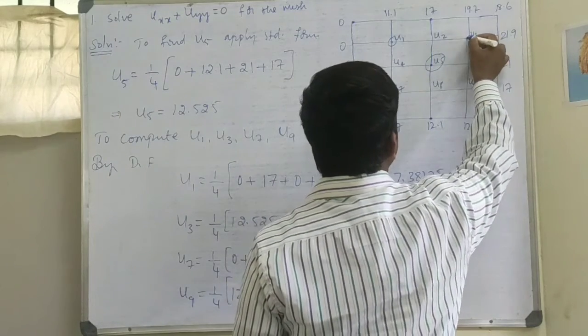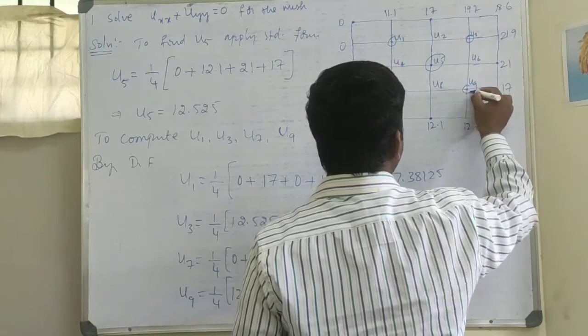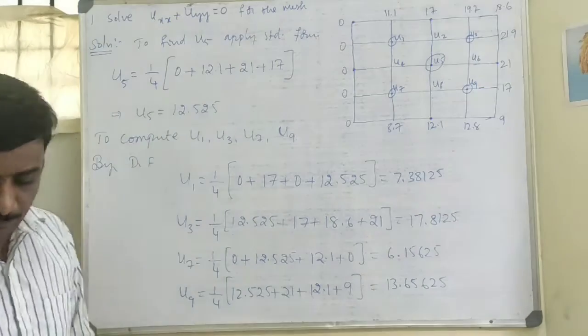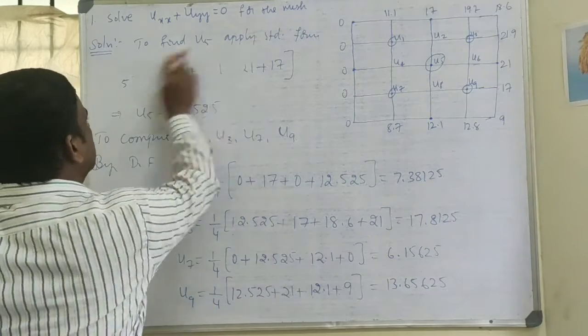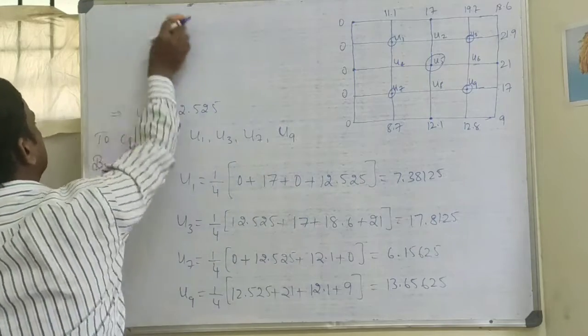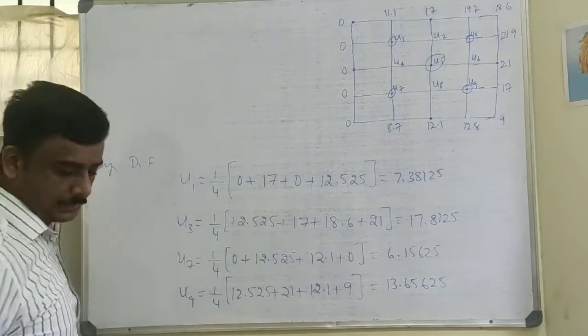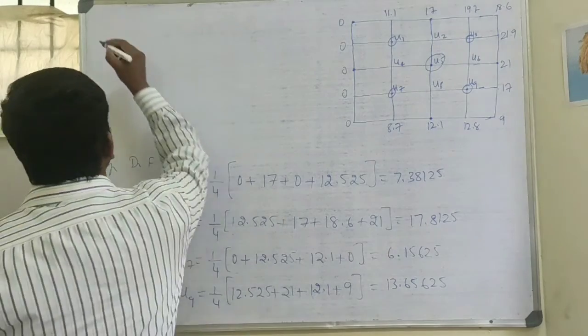Now to compute the remaining values, we have to apply the standard formula to compute u2, u4, u6, u8.